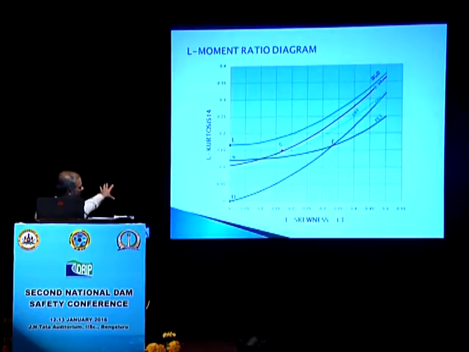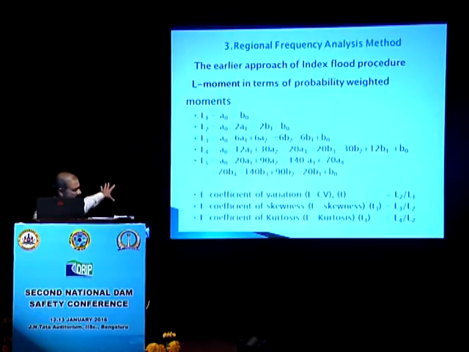This is the L moment equations. Hosking has given an order statistic defining these values. And what is important about this is the T and T3, T4, these describe the probability distribution that the sample set has.